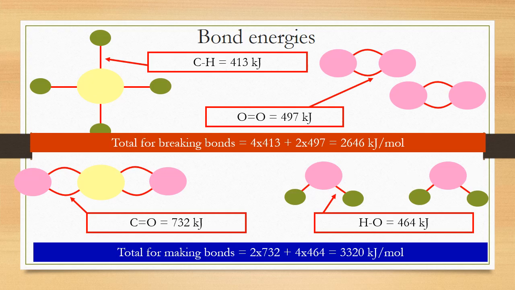So the total energy required to break the bonds is 3,264 kilojoules per mole. The total to make the bonds is 3,320 kilojoules per mole.